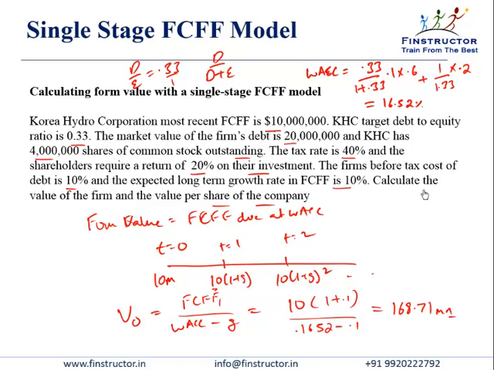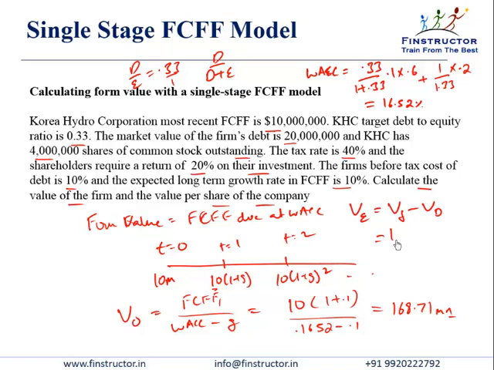So that's the first part, that is calculate the value of the firm. The second part asks us to calculate the per share value of the company. Now the value of equity is simply the value of the firm minus the value of the debt.